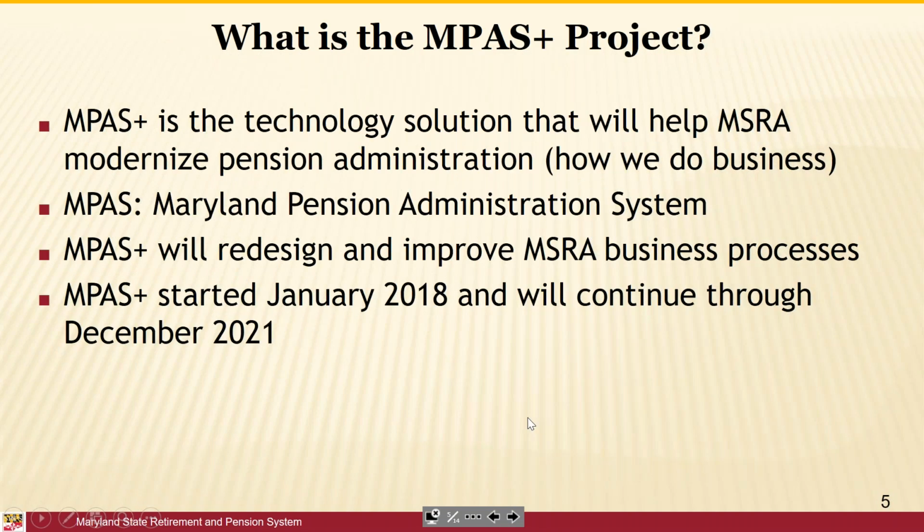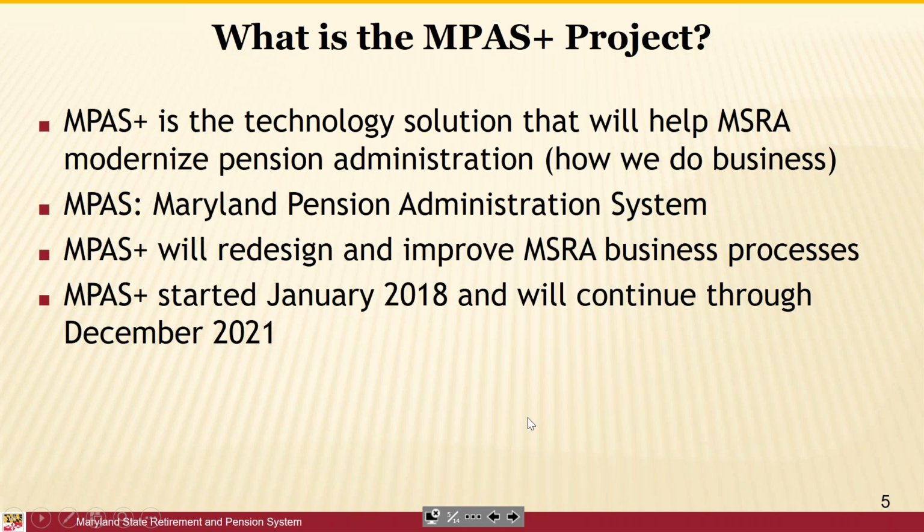So the MPAS Plus project is a technology solution that will help the Maryland State Retirement Agency modernize our pension administration, basically how we do business. I've said MPAS a lot, and what MPAS stands for is the Maryland Pension Administration System.